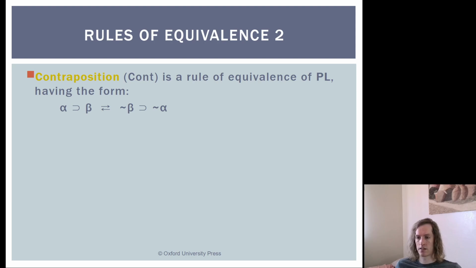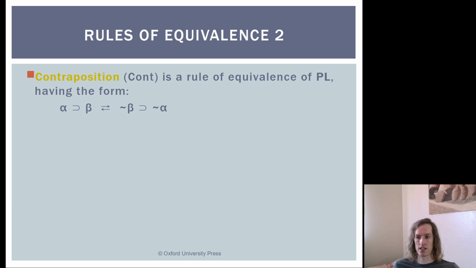So the rule of equivalence here is if alpha then beta becomes if not beta, then not alpha. This should make sense because this is kind of just the formal expression of the modus tollens rule of inference that we talked about, where if one of our premises says if alpha then beta, and another premise says not beta, then we conclude not alpha.